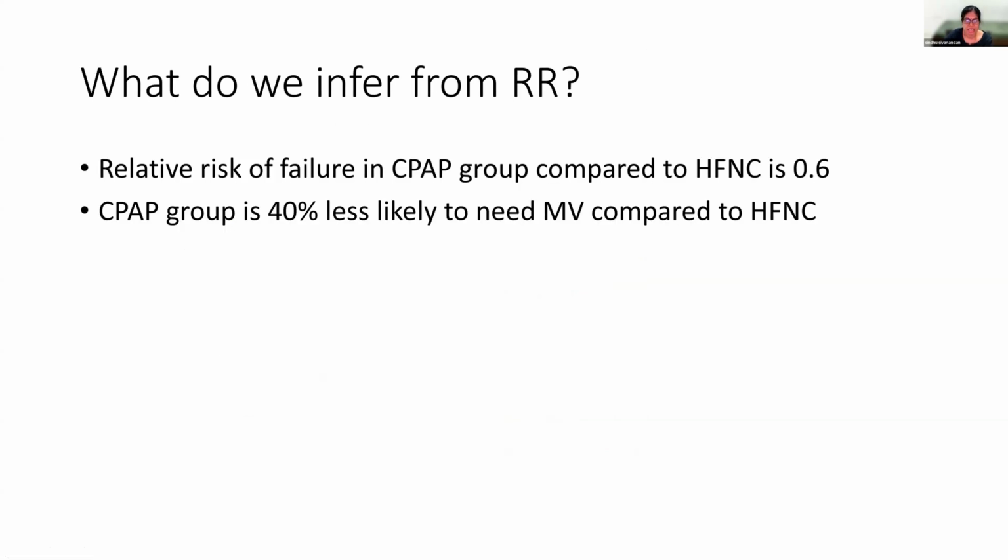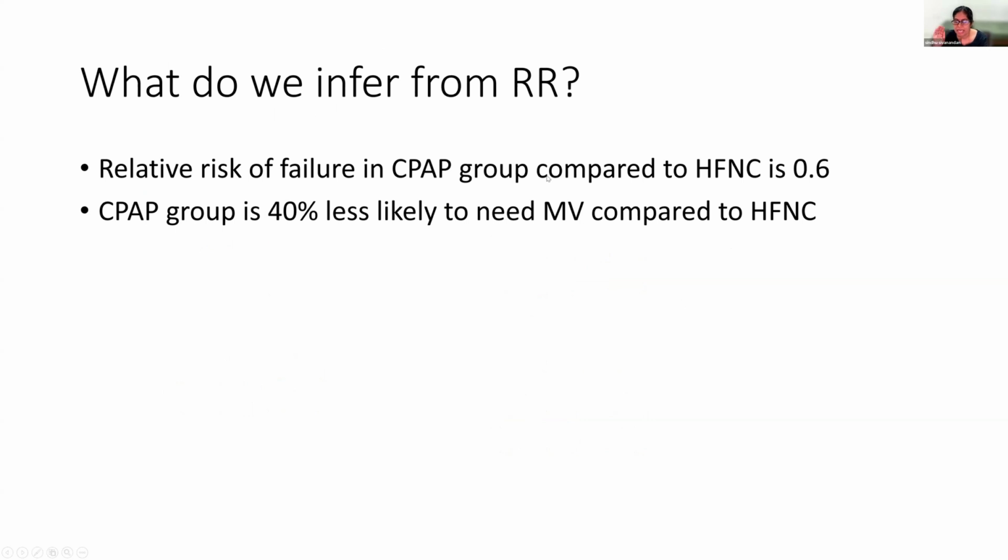So what do we understand? The relative risk of failure in the Hudson group compared to the Ram's group is 0.6. So 1 is 100%, and 0.6 means the CPAP group is 40% less likely to need mechanical ventilation compared to HFNC.